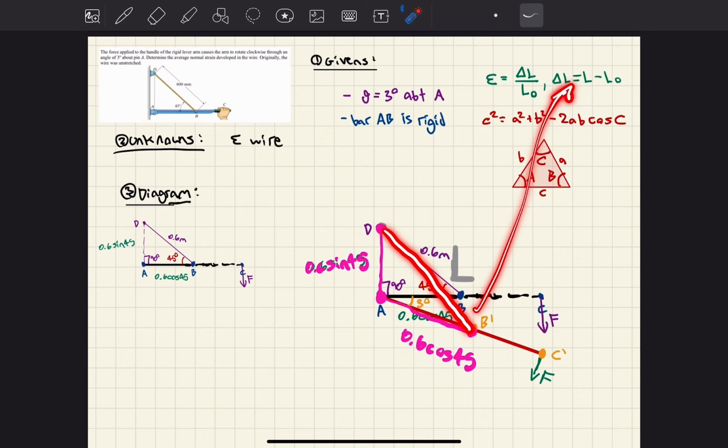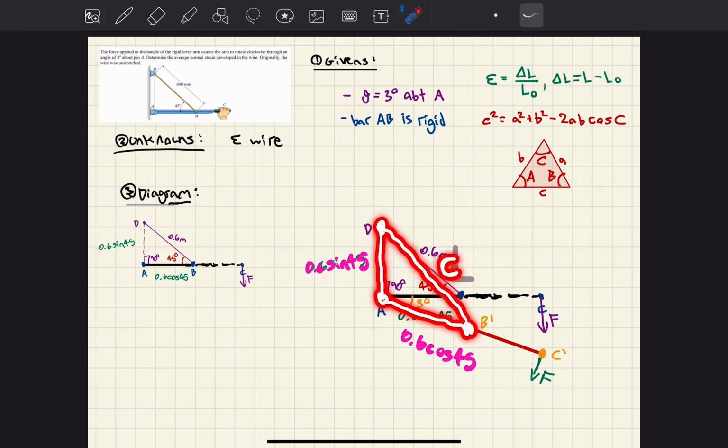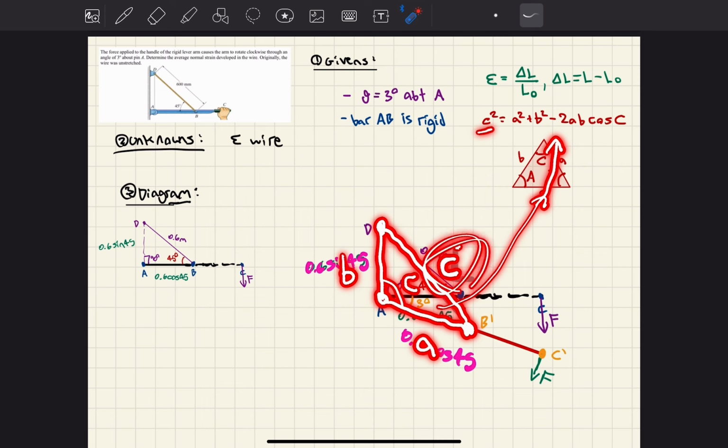This is where cosine law comes in. Cosine law allows us to find a length if we translate this triangle into this diagram, and let's use this red color. This is C, this is B, this is A, and this is the angle C. If we translate it to this formula, we have all the values to find this side right here.